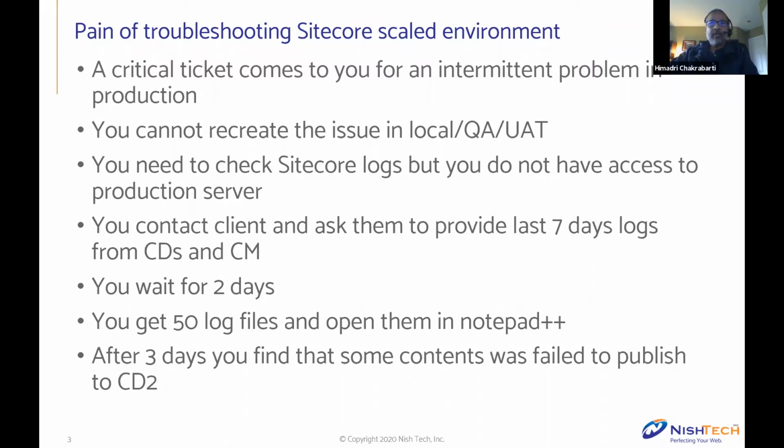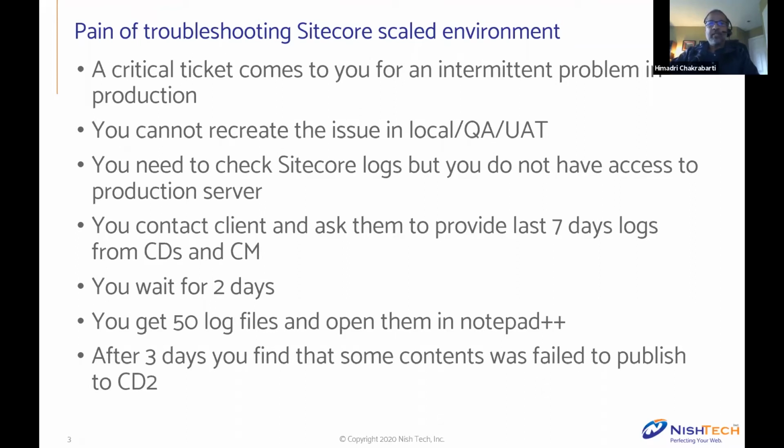Especially for the scaled environment, say a ticket comes, and you come to know that this is an intermittent problem happening in production. You cannot recreate the issue in local, QA, UAT or any other environment, it's only happening in production.